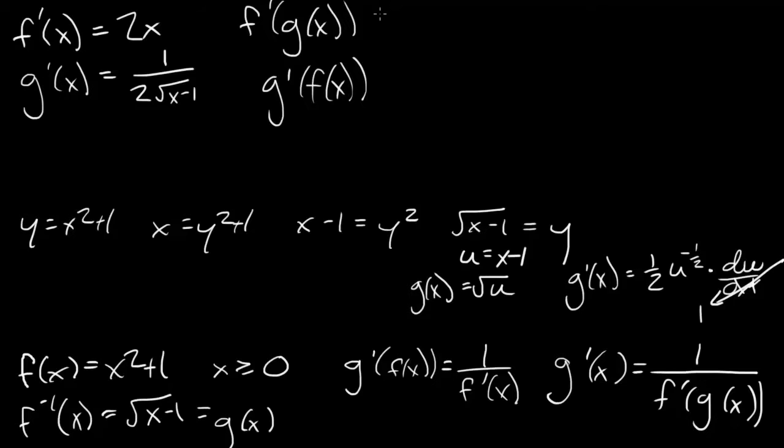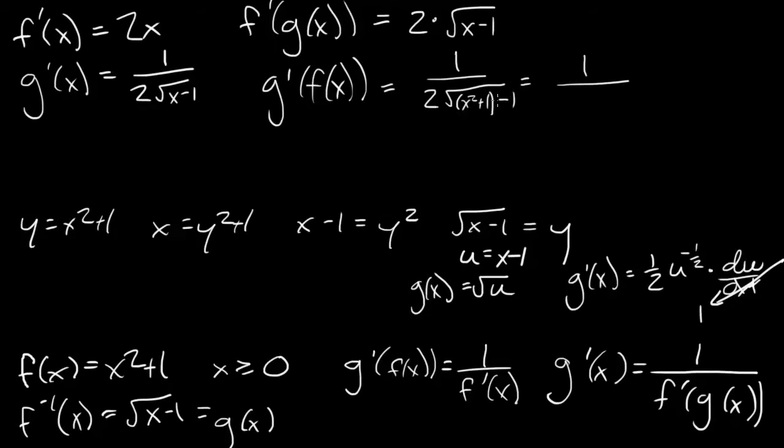So what's f prime of g of x? This would be 2 times the square root of x minus 1, and g prime of f of x should be 1 over 2 times, let's see, x squared plus 1 minus 1, which is 1 over, let's see, these cancel, you're left with square root of x squared, so 1 over 2x.